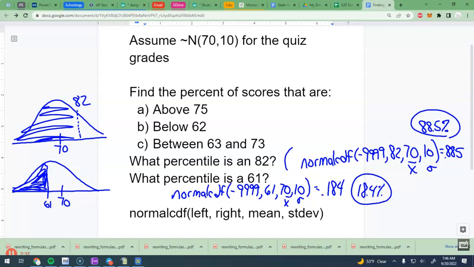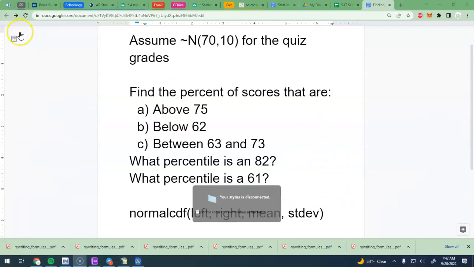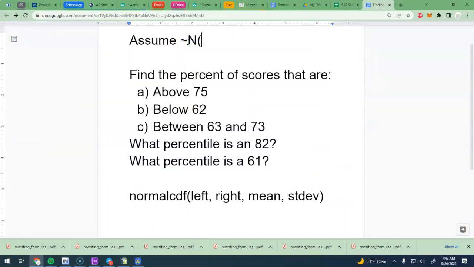Questions on any of those? So I'm just going to change the numbers. How do you do it on your own without me babbling? So let's say average SAT score I think is 1,000, and standard deviation would be 200.